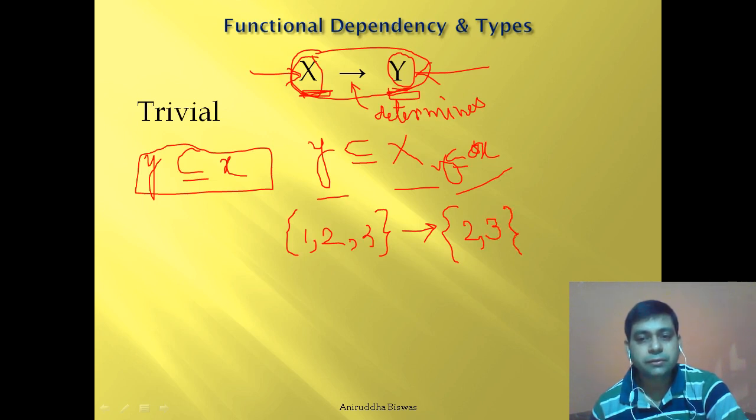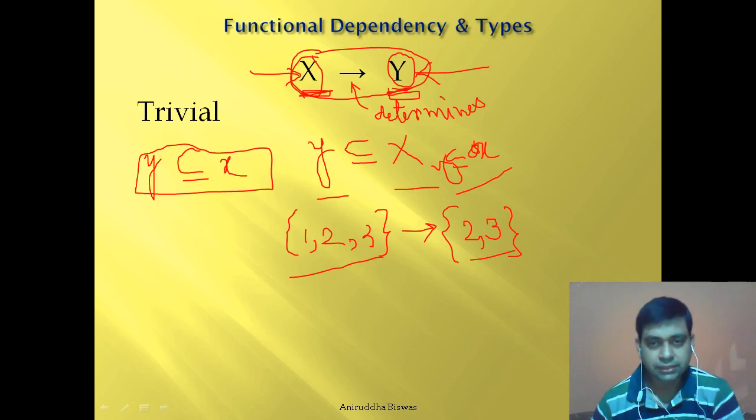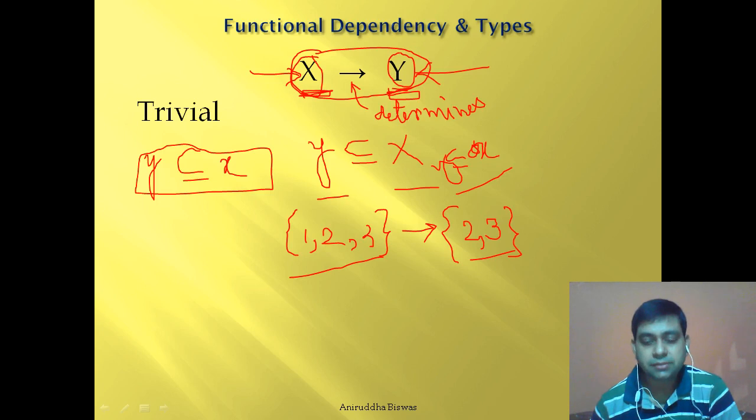So on the left hand side we have a bigger set 1, 2, 3, and on the right side the set contains 2 and 3, these two elements. So 2 and 3 is a set which is a proper subset of the left hand side. Now it is obvious that the right side must be determined by the left side.